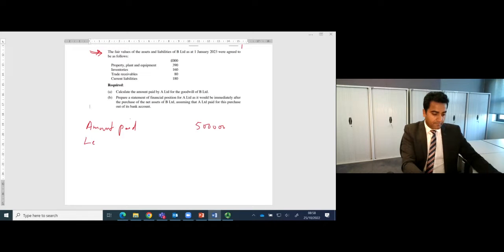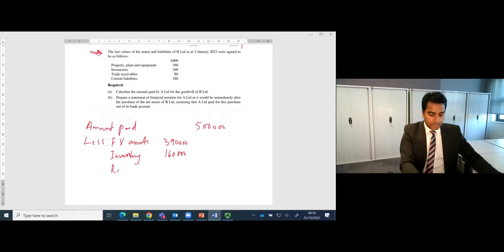The fair value of property, which is 390,000. The fair value of inventory, which is 160,000.